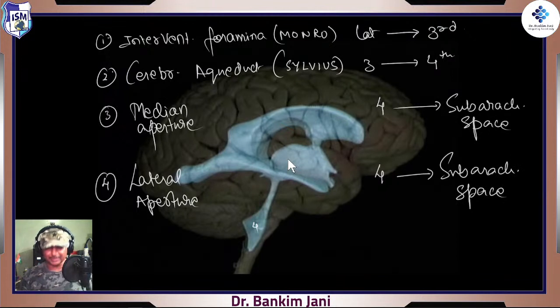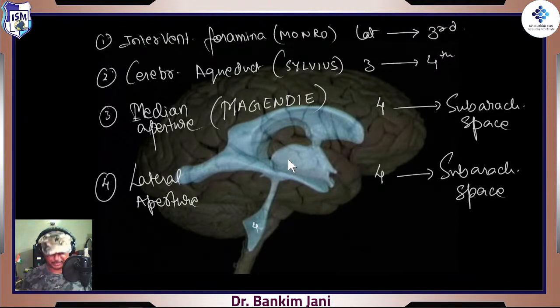We put some space in between. You must have guessed, we'll be giving some name, right? This is M for M. It is called the foramen of Magendie. Foramen of Magendie, right? That is for the fourth ventricle to the subarachnoid space.